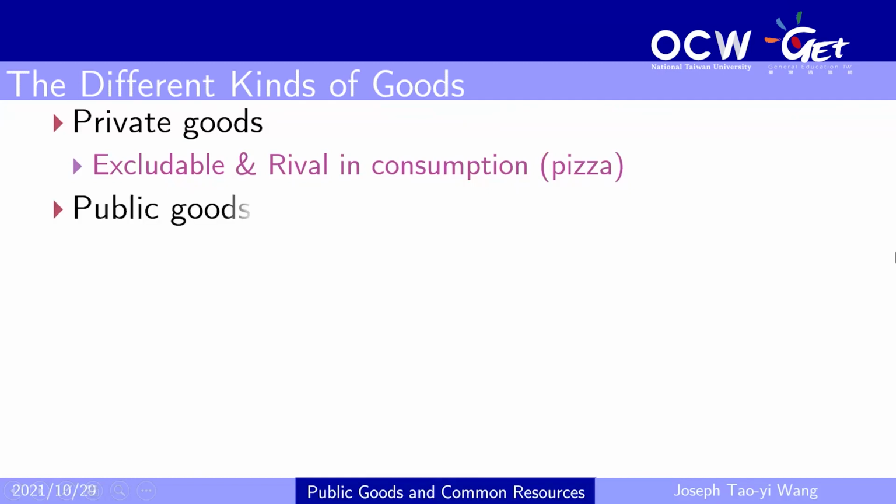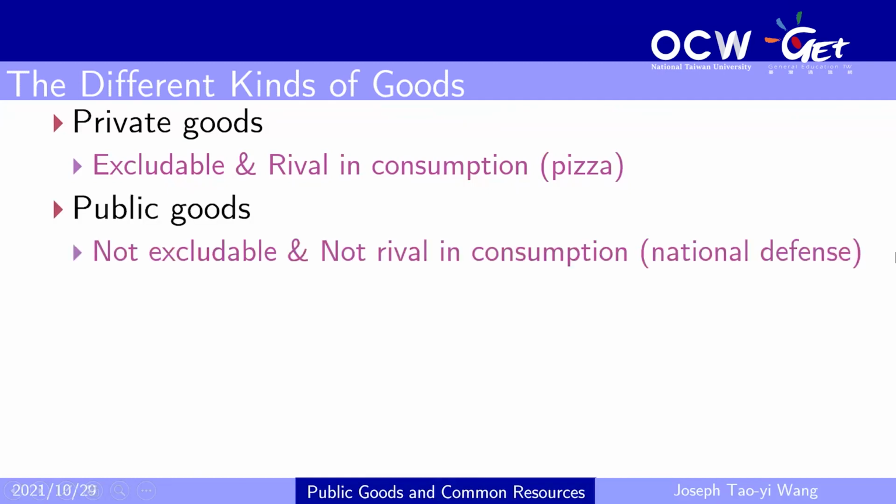But then the other extreme is what we call public goods. That's one of the main topics of this chapter, which is not excludable and not rival in consumption. For example, national defense. I cannot exclude people from national defense, because if Taiwan's safe, everybody's safe.